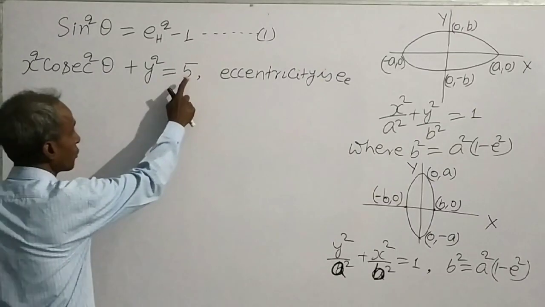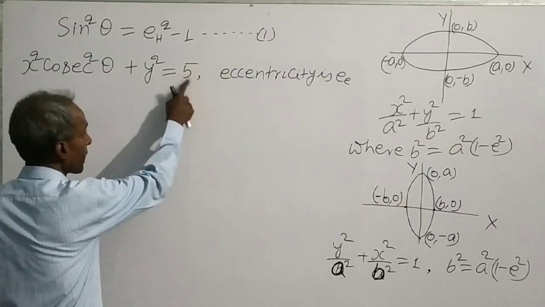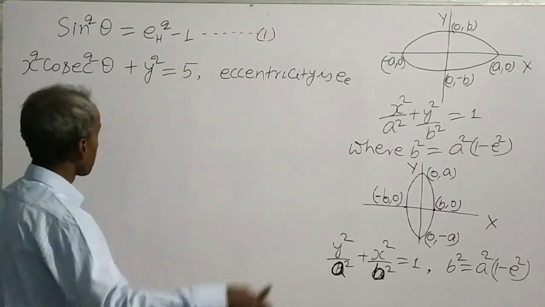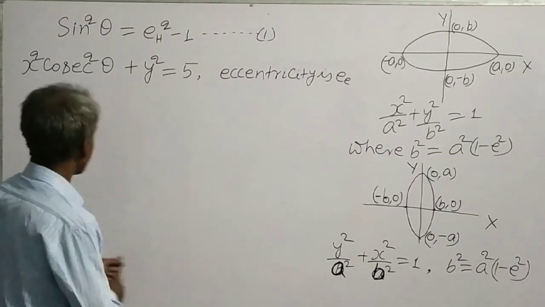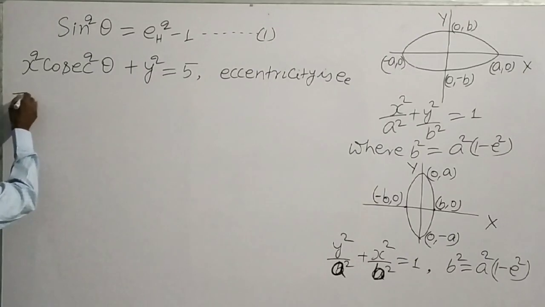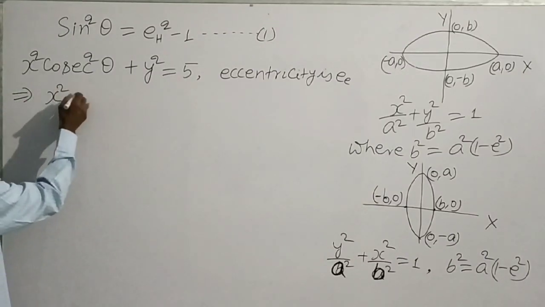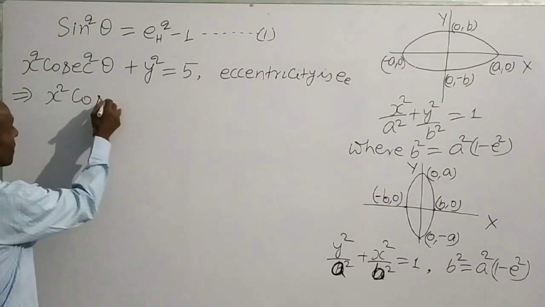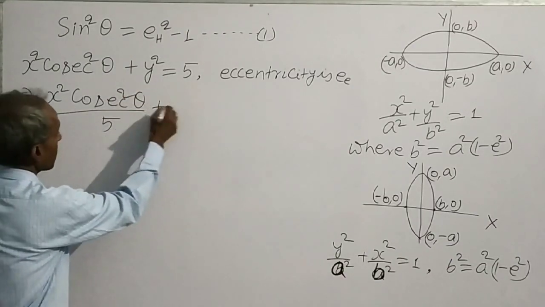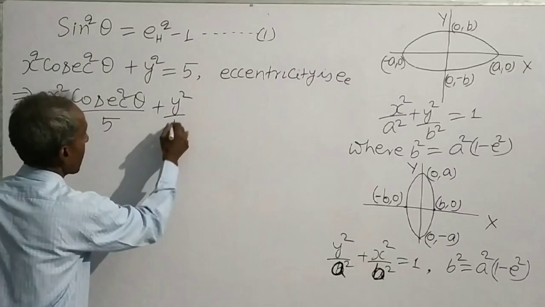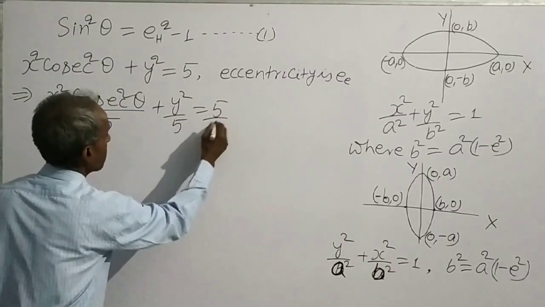For that purpose, we will divide both sides by 5. This implies x square cosec square theta by 5 plus y square by 5 is equal to 5 by 5.